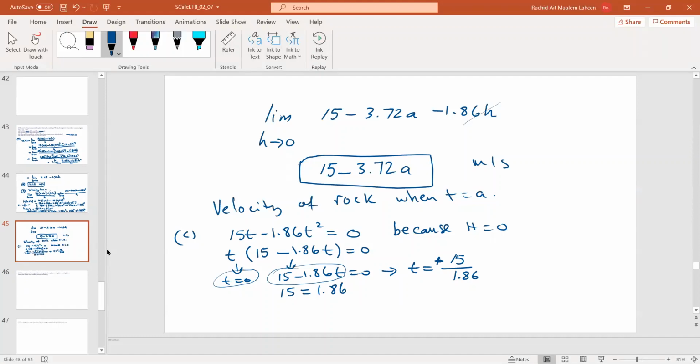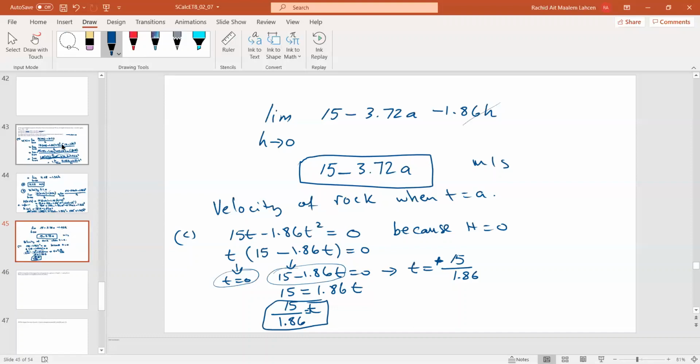But when we use it in the velocity, it's going to be negative. Okay, I move a little faster on this. So it's t equals 15 over 1.86. Time must be positive, of course. If it comes up negative, it means incorrect, and we have to double check what's going on.